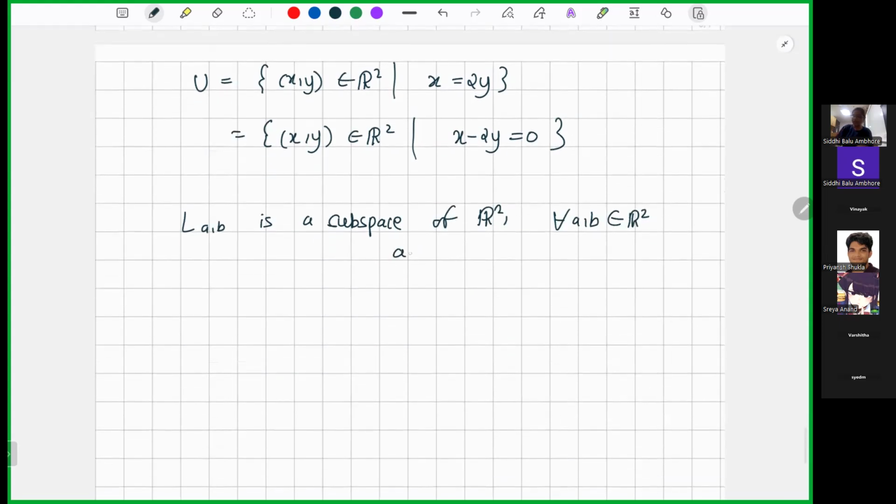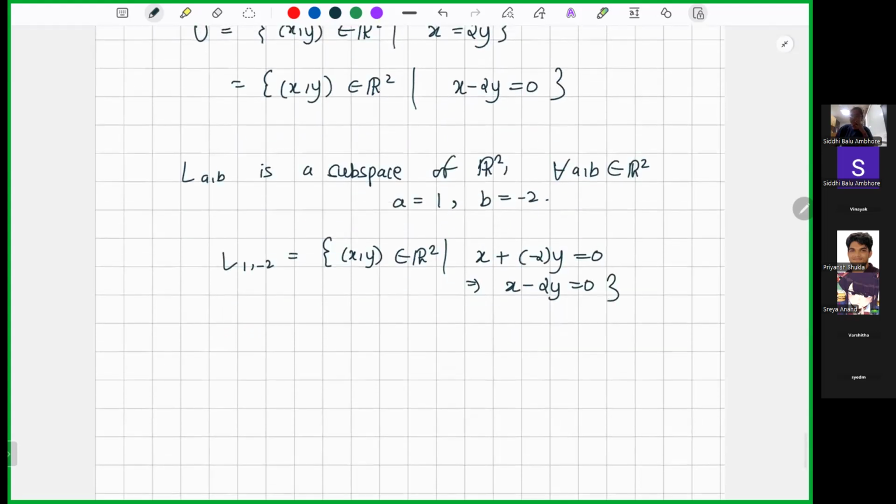So if I take my a to be 1 and b to be minus 2, then what is L of 1, minus 2? It is all those xy in R2 such that x plus minus 2y is equal to 0, but that is nothing but x minus 2y equal to 0. And this is exactly what my U is, right?